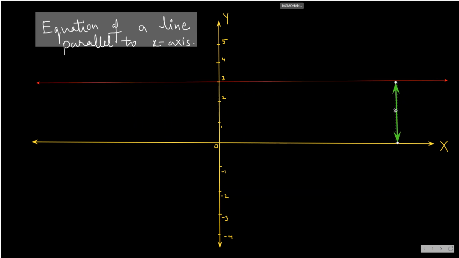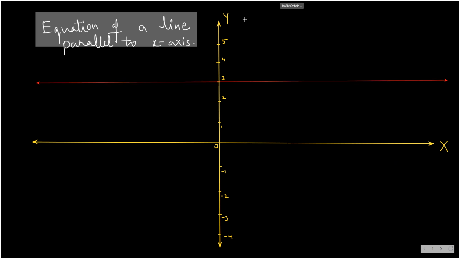Remember, distance of 3 above x-axis. Don't say only distance of 3, because if you are not specific, then distance of 3 from x-axis can even be down, then that line would be like this, cutting the y-axis at -3. This is also distance of 3 down.